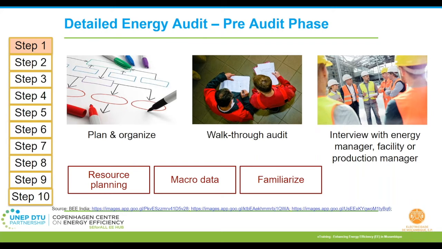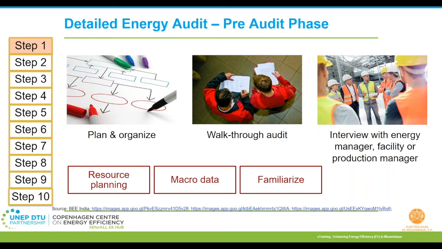For example, how many electrical, how many mechanical background, or how many chemical or process engineers, depending on the industry or the organization they are conducting the energy audit for. It could also be about organizing the different set of instruments they need to carry for the energy audit. And then, most importantly, estimating the time frame or time duration that they would take for the audit to be conducted.